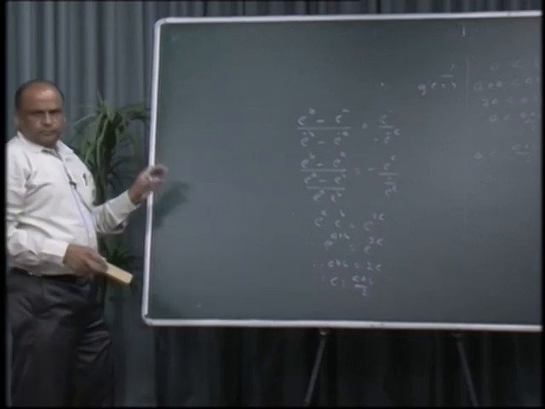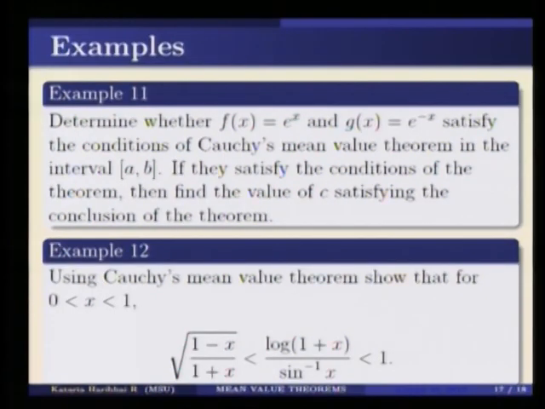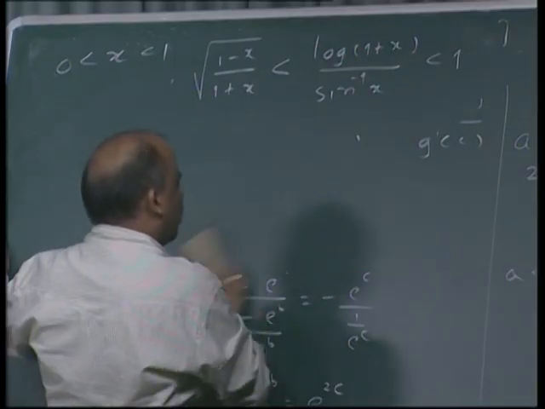In the previous slide I had this inequality, that for a number between 0 and 1, I can prove that root of (1 minus x upon 1 plus x) is less than log(1 plus x) upon sin inverse x. Now I will prove this inequality on the board.